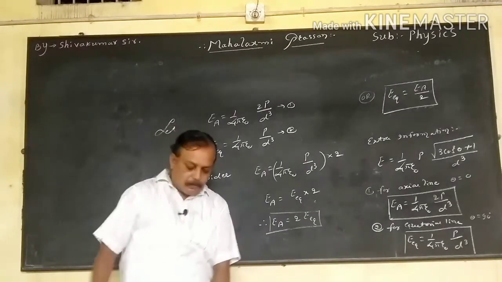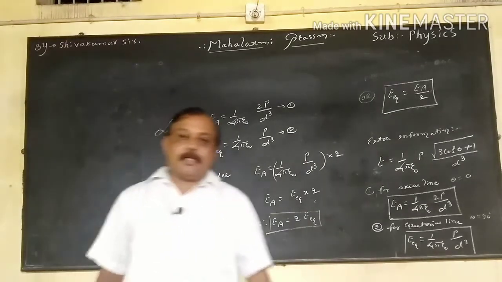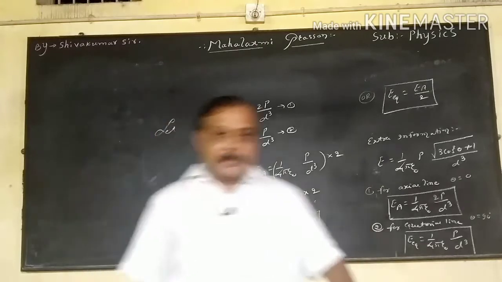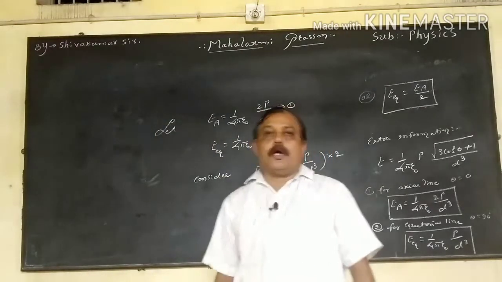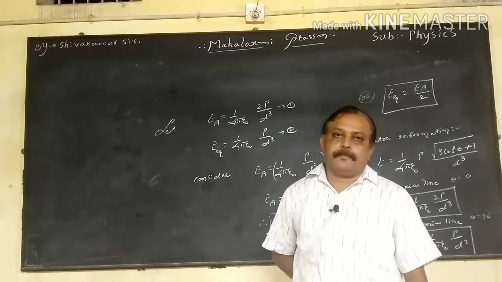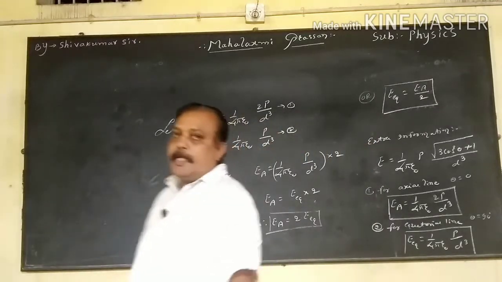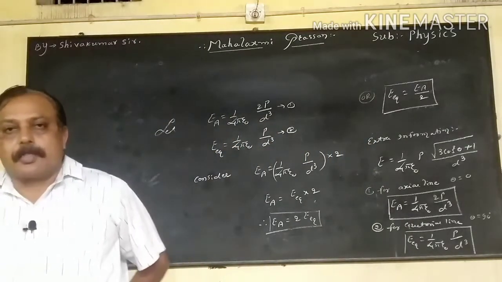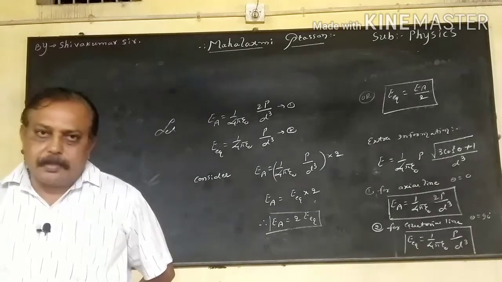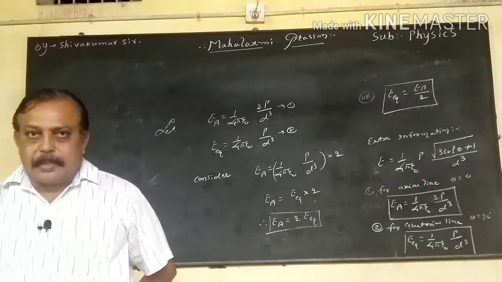Shall I go for the last derivation for the electric dipole? Torque on an electric dipole. When the dipole is placed in a uniform electric field, it experiences a torque.